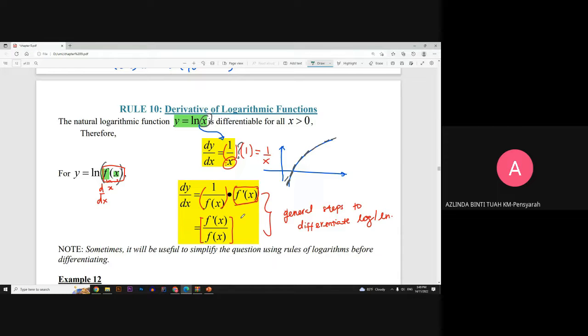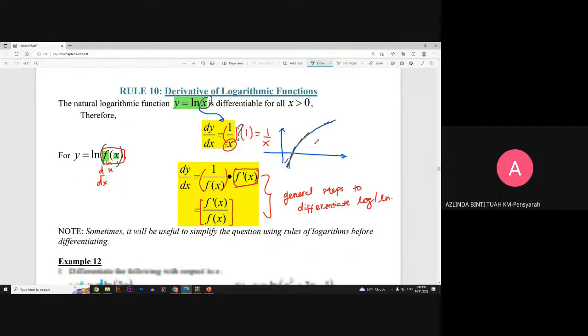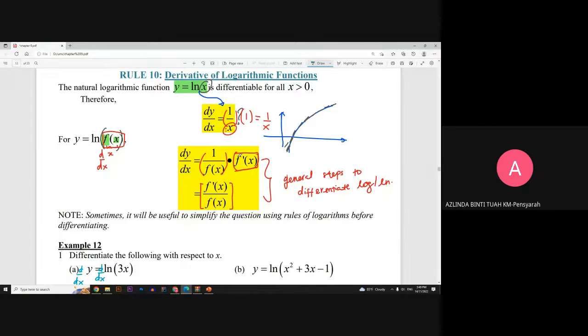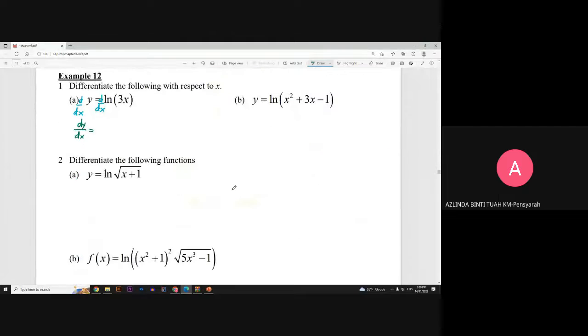Okay, ln tu dah hilang dah. Macam kita nampak tadi dekat sini, dia punya bentuk gradient ataupun bentuk dia punya slope tu, bentuk tangent tu dah tak nampak macam bentuk ln lagi dah. Okay, dalam jawapan dy dx untuk ln, tidak ada ln lagi dah.